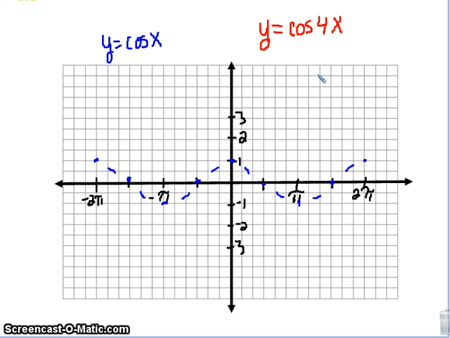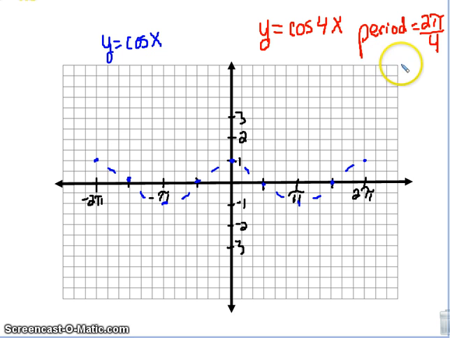If I want y equals the cosine of 4x, then my period, which is normally equal to 2 pi over b, is going to be 2 pi over 4.